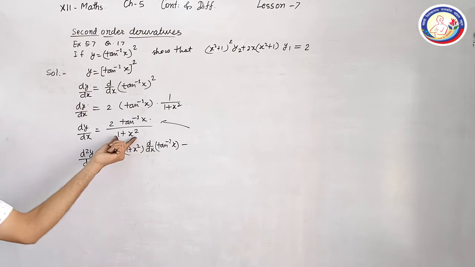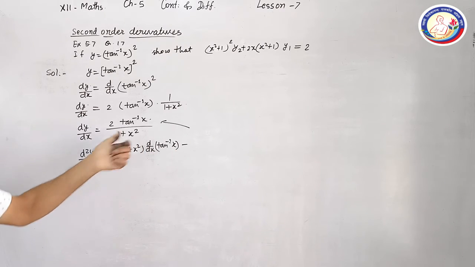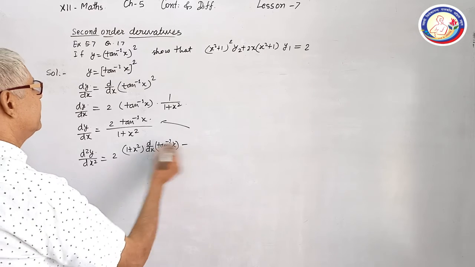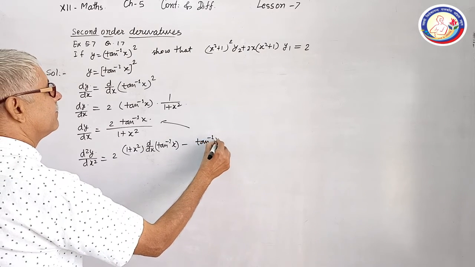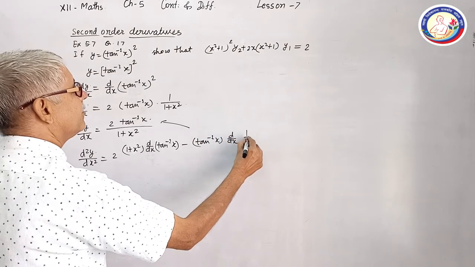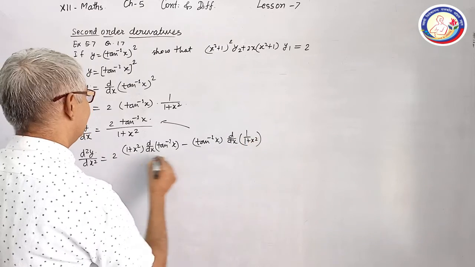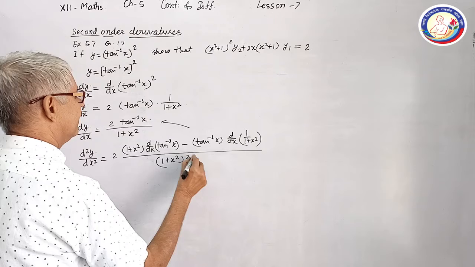We have kept second as constant and find the derivative of first. Now find the derivative of, keep the first function as it is, one upon 1 plus x square, divided by 1 plus x square whole square.